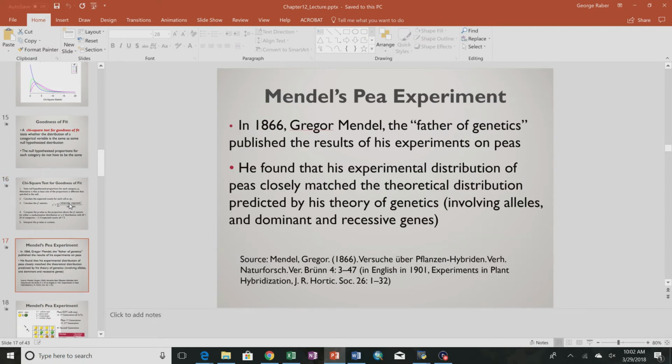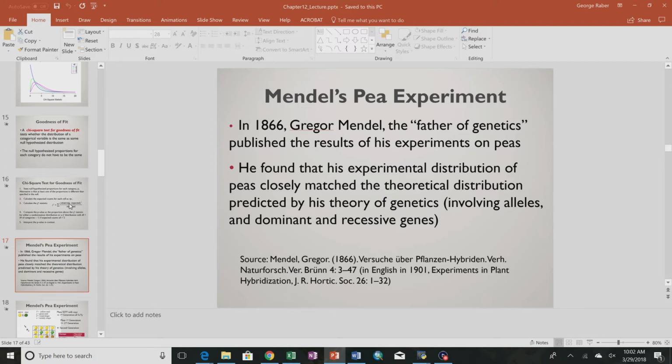All right, so here's a more practical example. Gregor Mendel, I don't know if you remember back in high school biology, we talked about his experiments on peas. Basically, he hypothesized that there were different characteristics of peas that were either dominant or recessive.